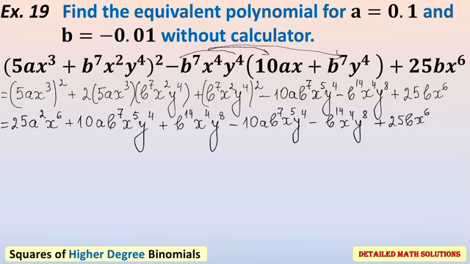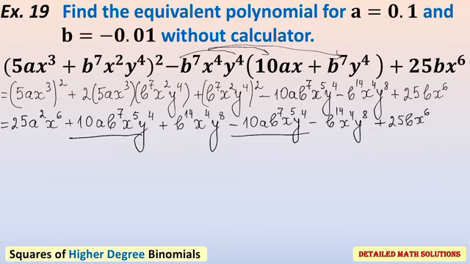As a next step, I need to add like or similar terms which have the same literal parts. Such terms are 10 a b to the 7th x to the 5th y to the 4th and negative 10 a b to the 7th x to the 5th y to the 4th.